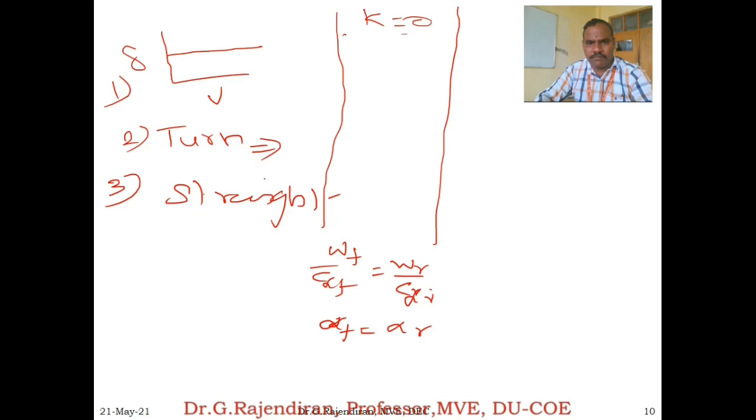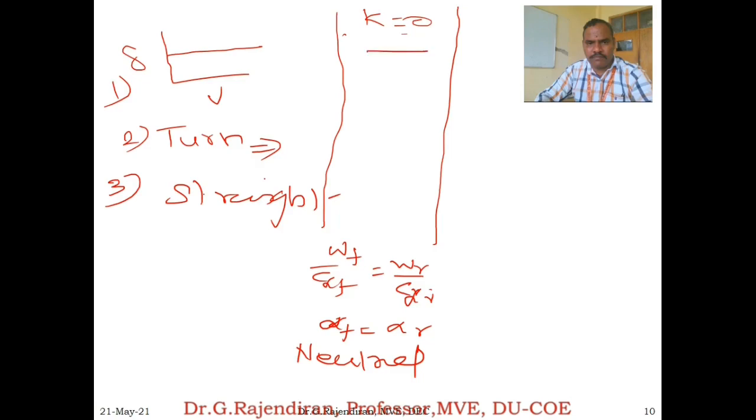This is the concept. So this is called neutral steer. And this first case is delta versus speed, straight line.